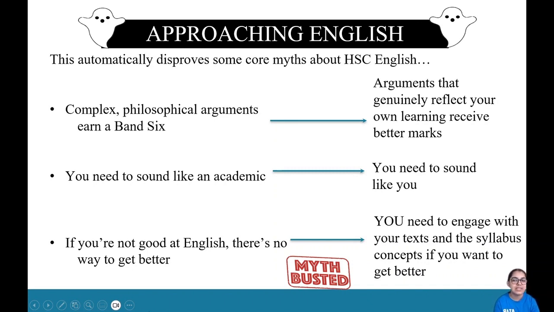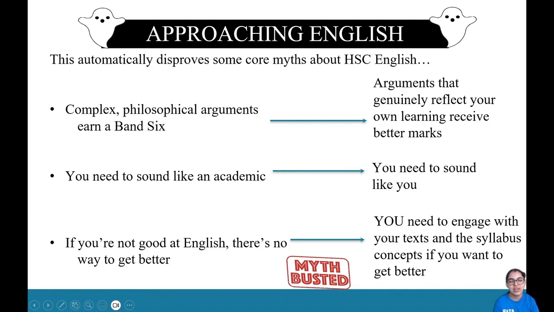Second big myth is that you need to sound academic, and I'd fallen for it too. And I was just like, oh, how do I do that, right? Like, do I read a dictionary or something? And it's like, not really. You don't. Yes, having a more widespread vocabulary can be helpful.